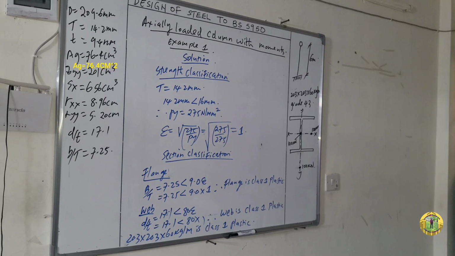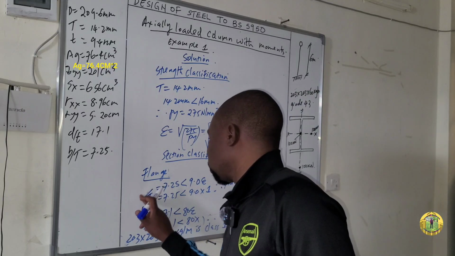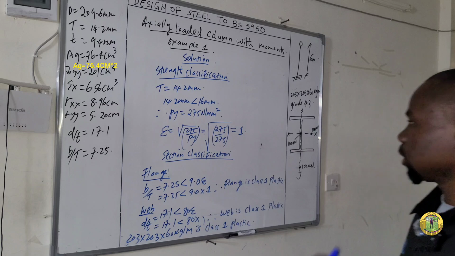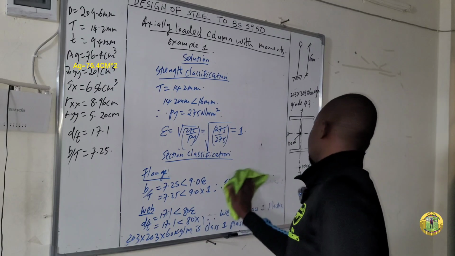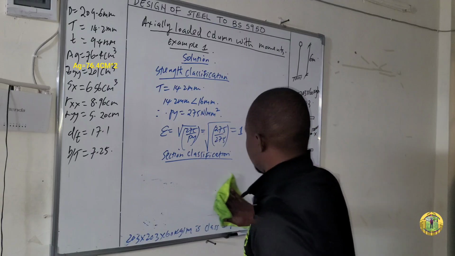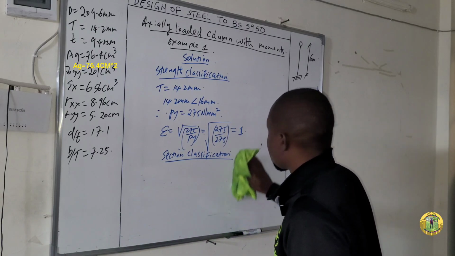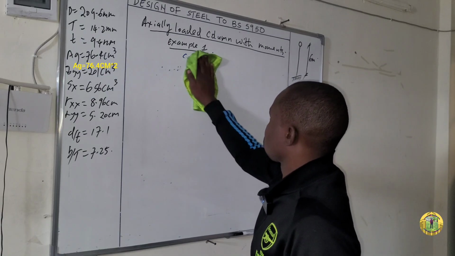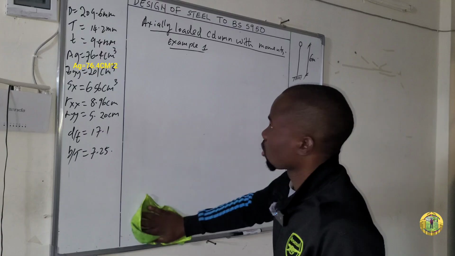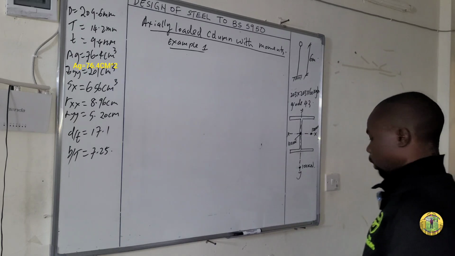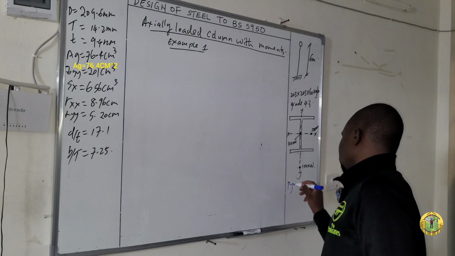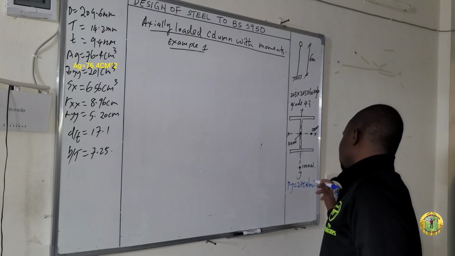We now proceed to the design load. And remember, this is small b, not capital B. Small b over T. So remember, Py is equal to 275 Newton per millimeter square.